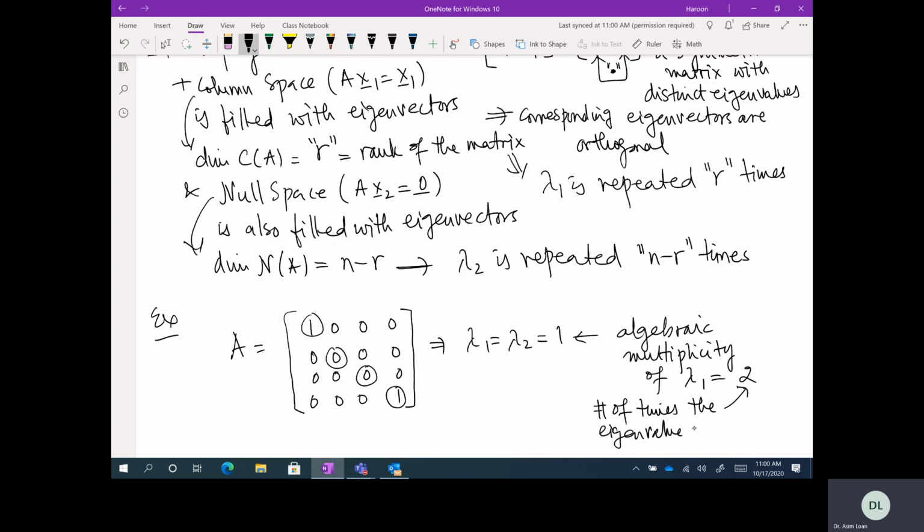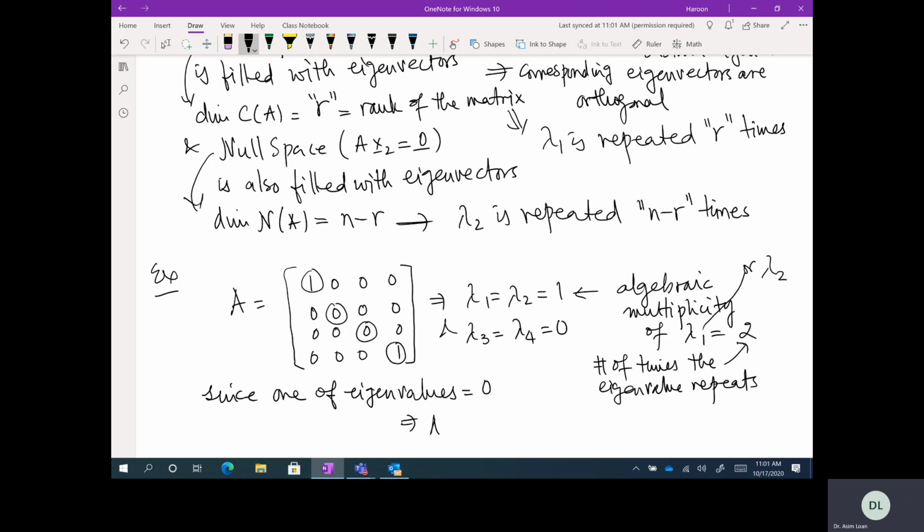Similarly, lambda 3 equals lambda 4 equals 0, so the algebraic multiplicity there is also 2. And since one of the eigenvalues is equal to 0, this implies A inverse does not exist.